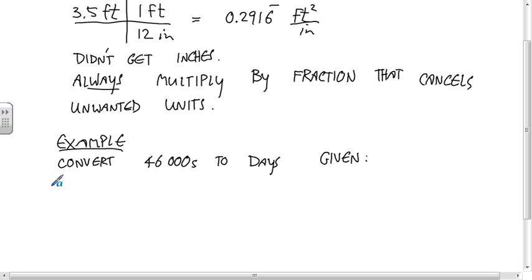Say we had a table in front of us or Googled it, and it said 1 day is 86,400 seconds.